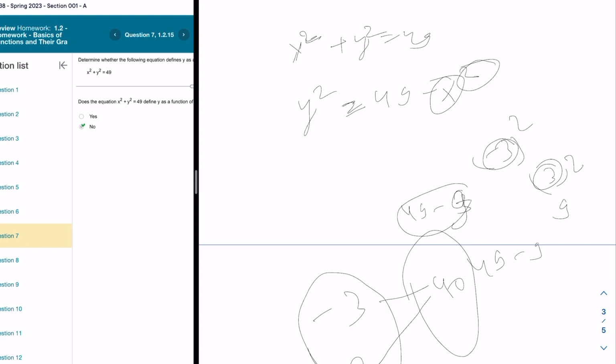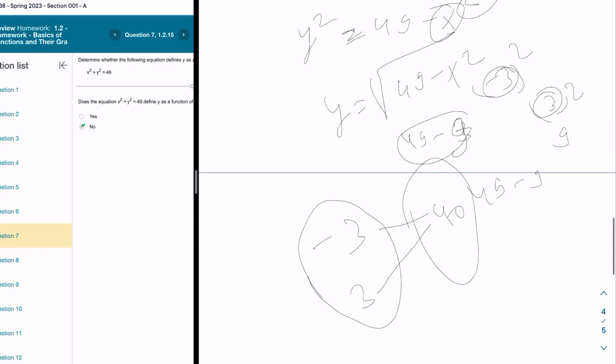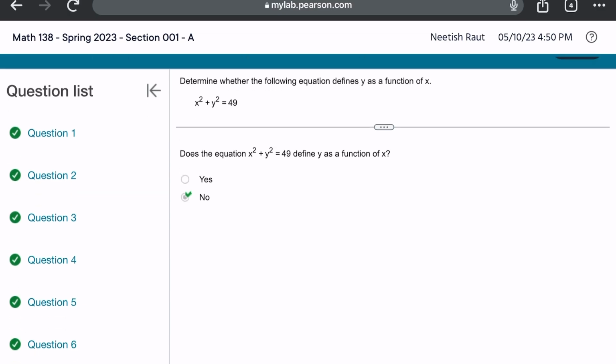Oh, no, we have not completed the equation. Root under 49 minus x square. Let me first check, even I'm confused now.